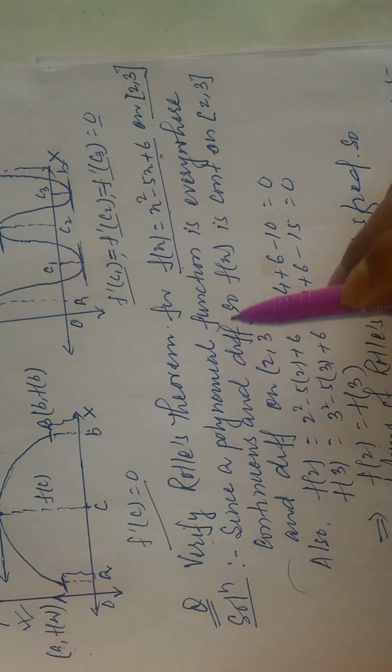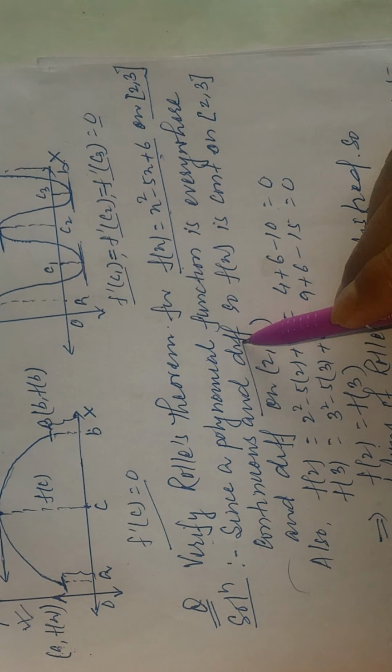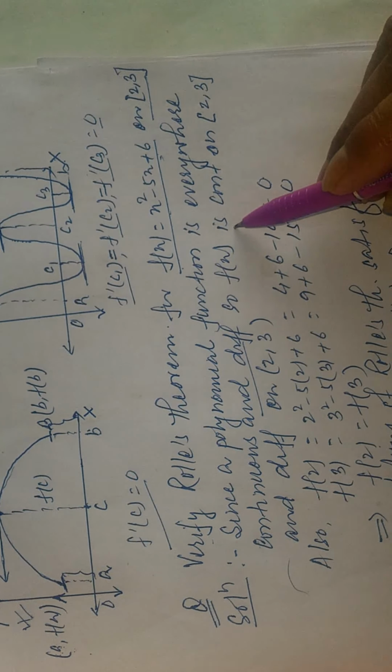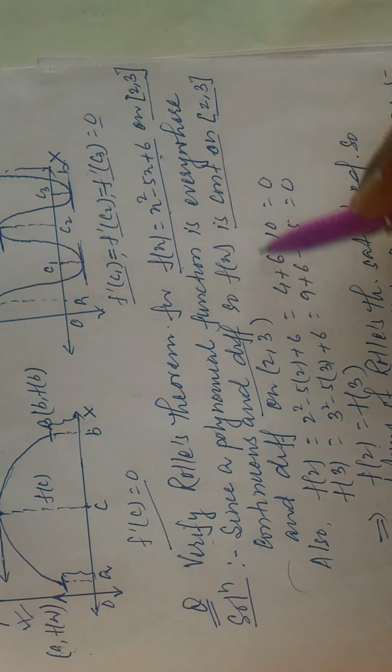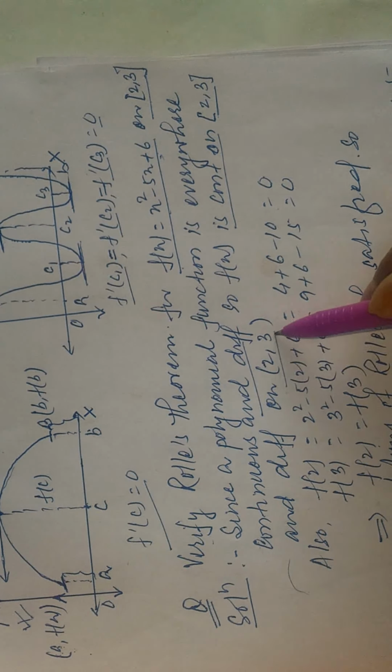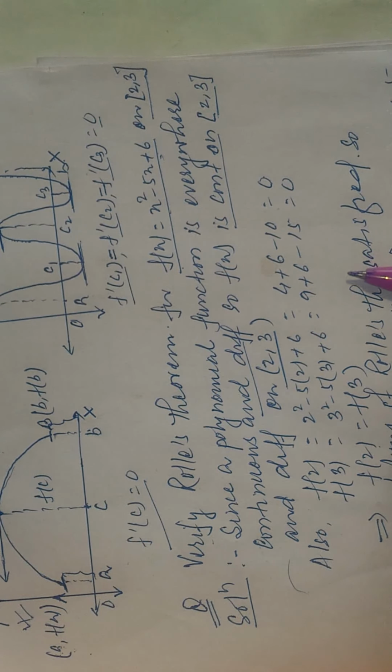Since the function is a polynomial function, it is everywhere continuous and differentiable. So in particular, it will be continuous in the closed interval, and also differentiable in the open interval. These two conditions we can state with a simple statement.